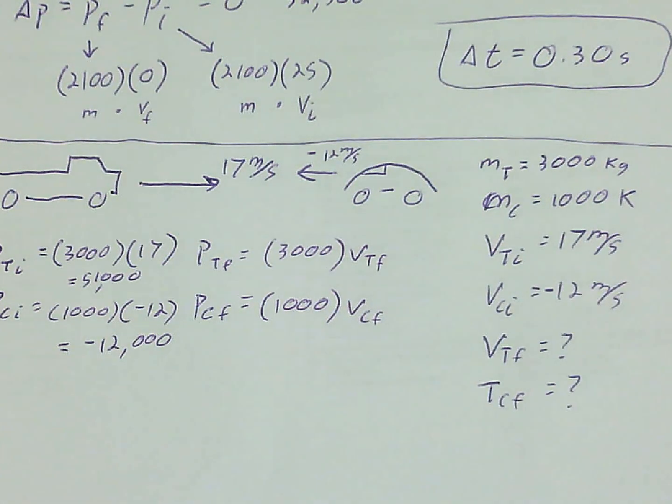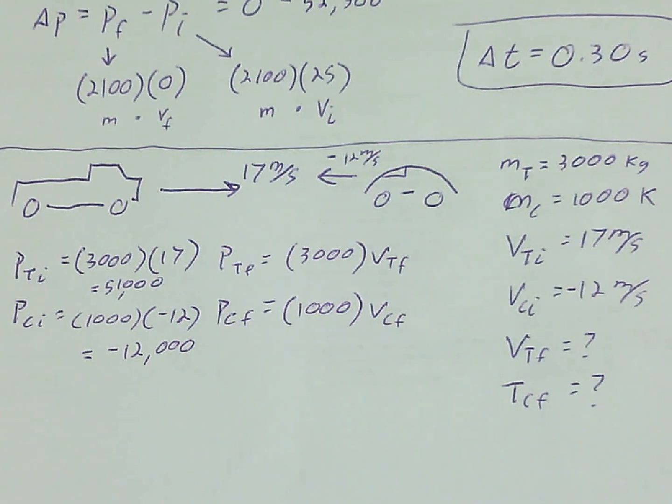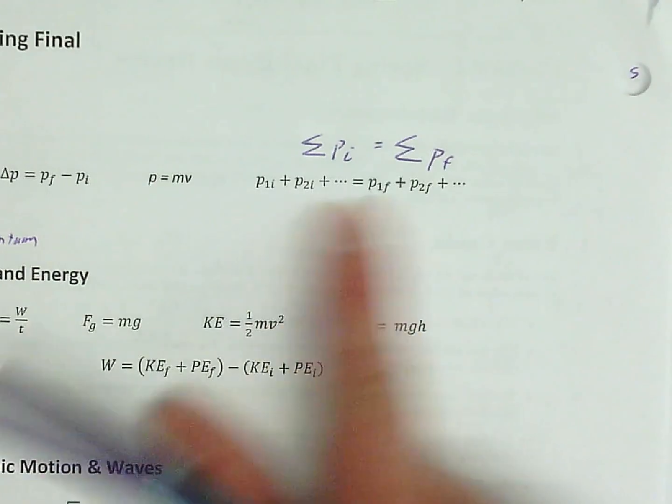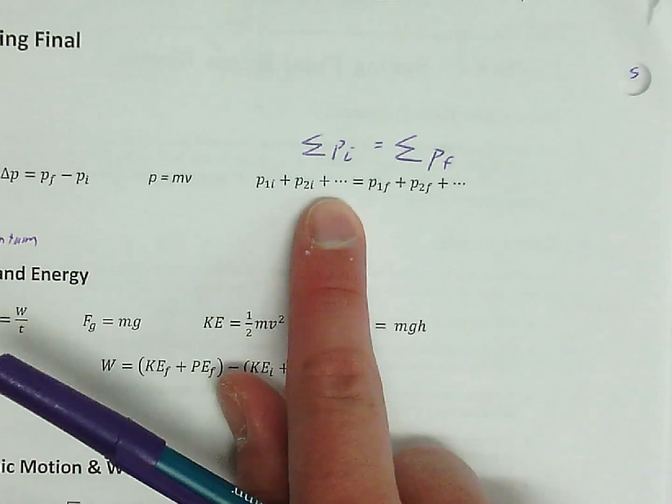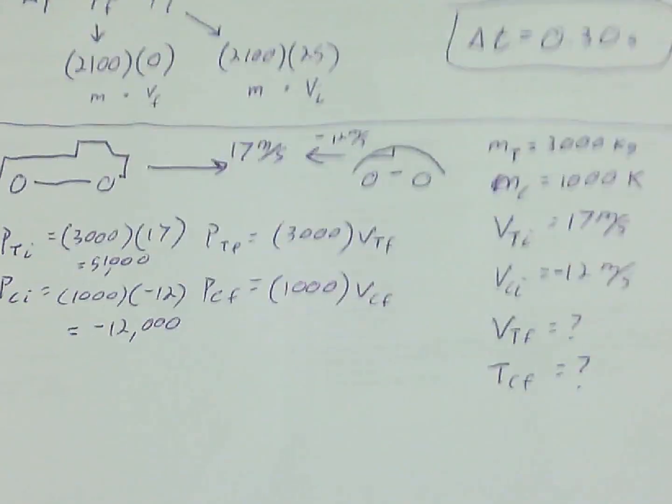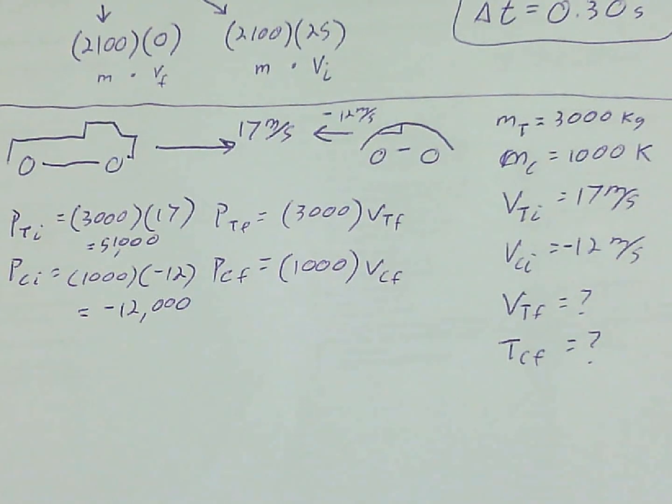Well, here's the problem. I've got two unknown variables and one equation. This is the only equation we talked about. Two variables, one equation, and that's not possible to solve. If you've got two variables, you have to have two equations.